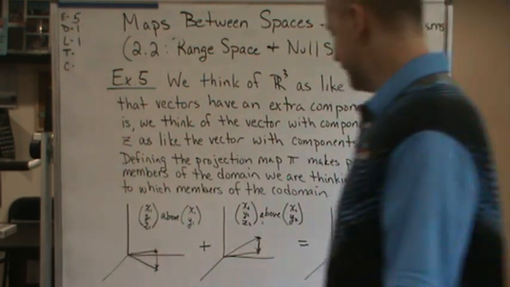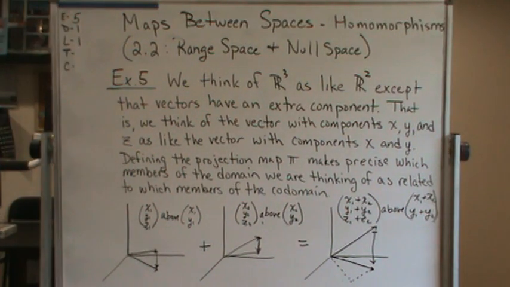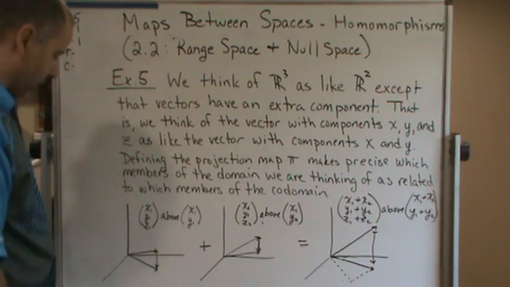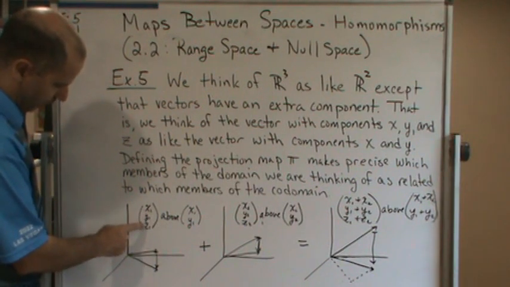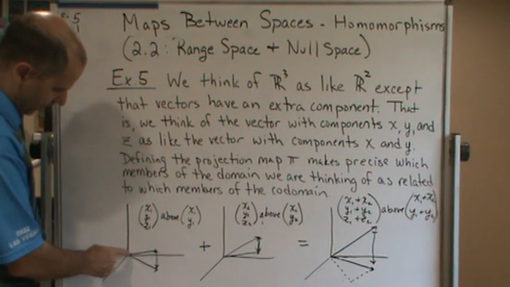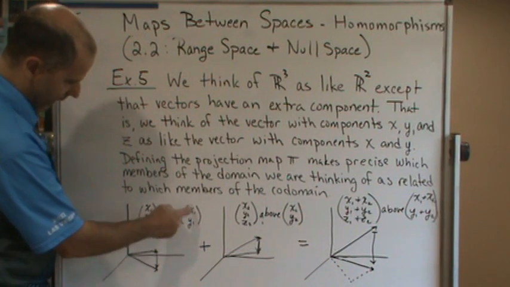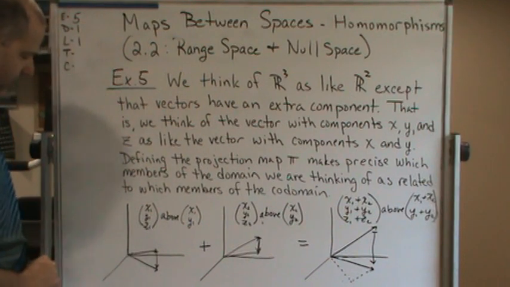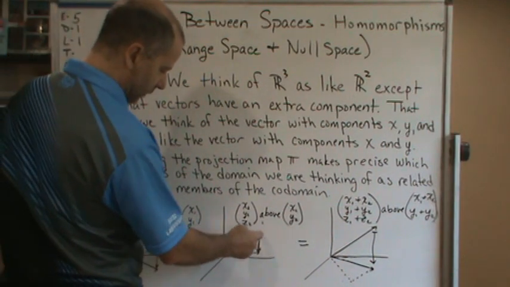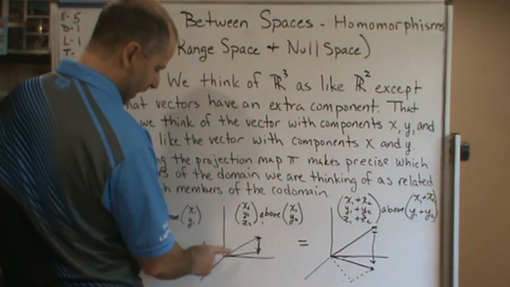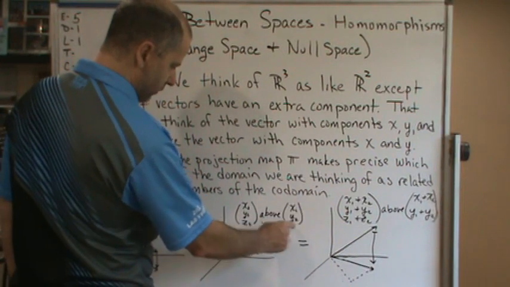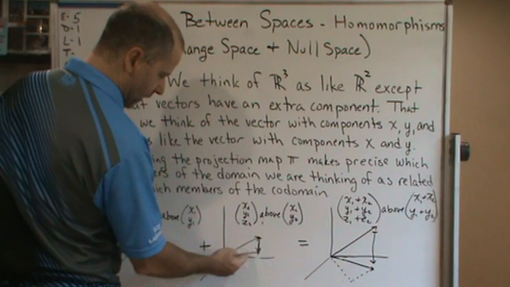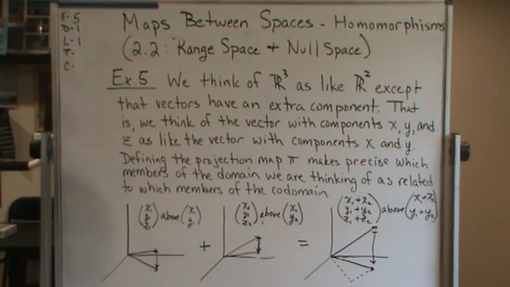So if we look at this, when we talk about addition, and we'll talk about scalar multiplication too, and again, my drawings aren't the best, but say we have this vector here, x1, y1, z1. Its shadow is going to be right below it, its projection, x1, y1. And then we have this other vector over on this side, x2, y2, z2, which is above the vector x2, y2, on the floor, if you will.